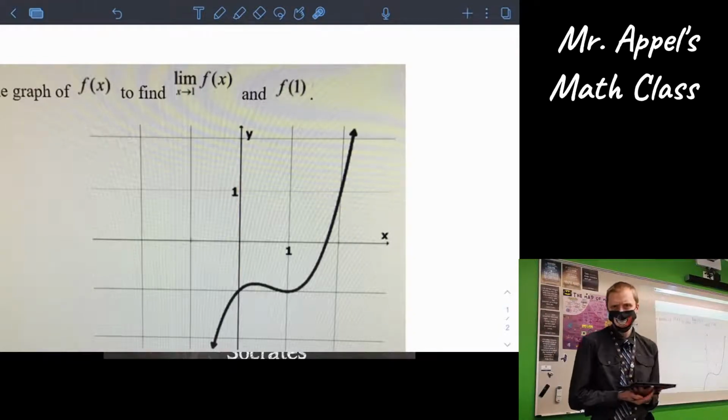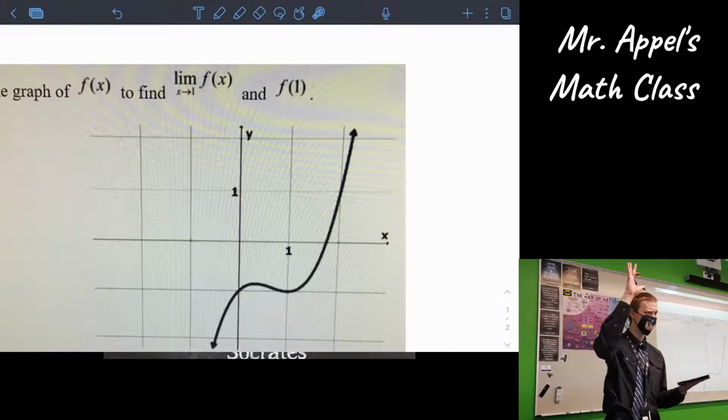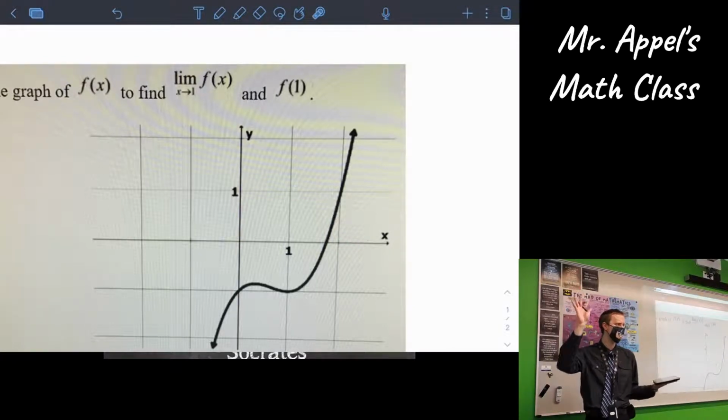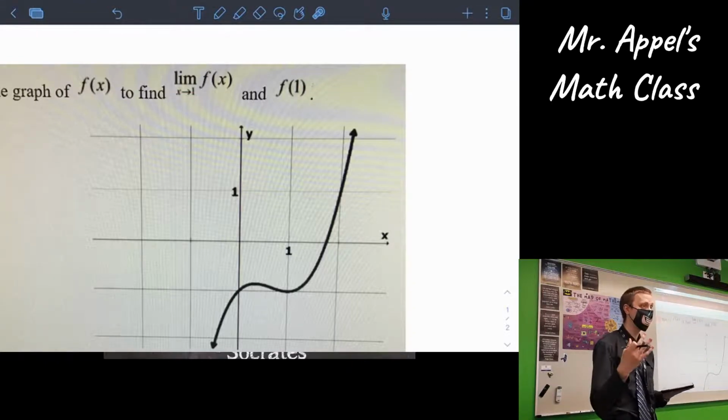Okay, so it sounds a little funny. Totally reasonable. You look at this graph and be like, I don't see anything wrong with this graph. Can we agree on that? Look at it. Graph seems fine. Not broken anywhere. So we should expect f of 1, limit approaches 1, those should give us the same thing, right?